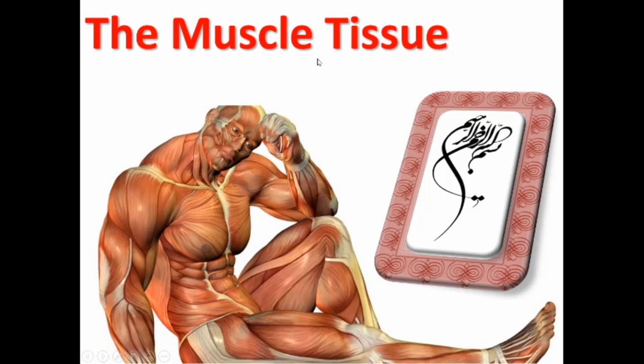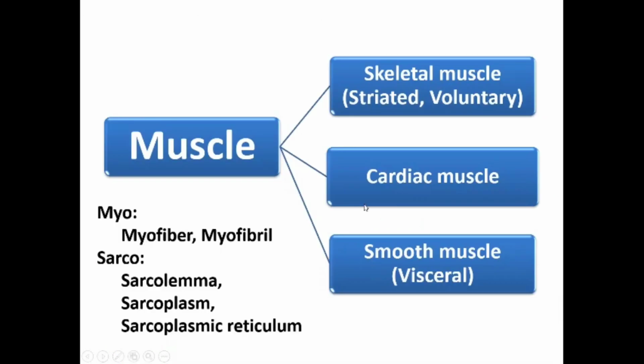About the muscle tissue, one of the four basic tissues in our body. In the muscle tissue, the cells specialize for contraction, and the muscle tissue in our body is classified according to morphology and function into three groups of muscles: skeletal muscle, cardiac muscle, and smooth muscle.